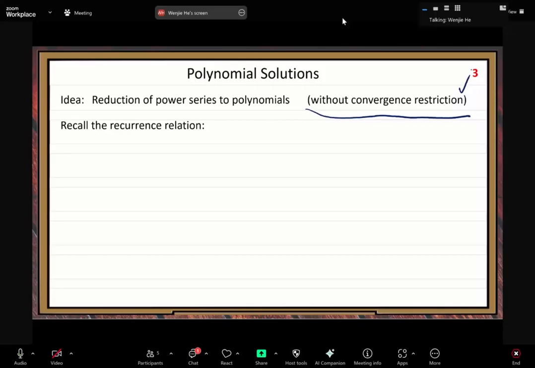So let's examine. That's the recurrence relation. n is a fixed number, right? The subscript s keeps changing for different terms, but n is always the same number.